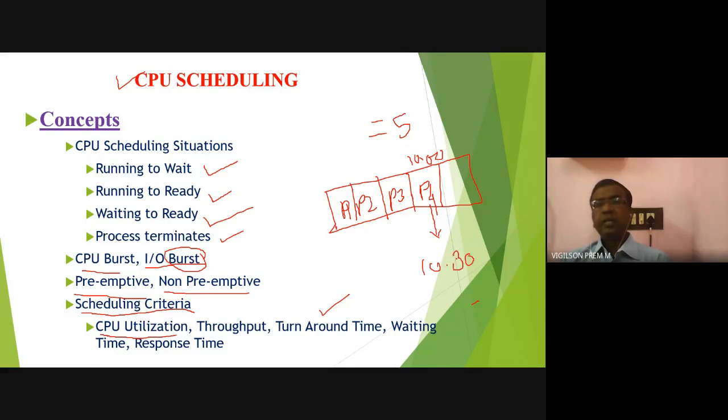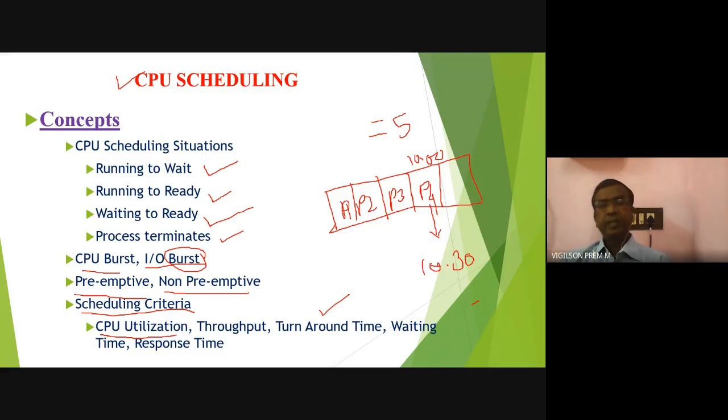The turnaround time is 30 minutes. Assume the unit is minutes, or 30 seconds, whatever it may be.